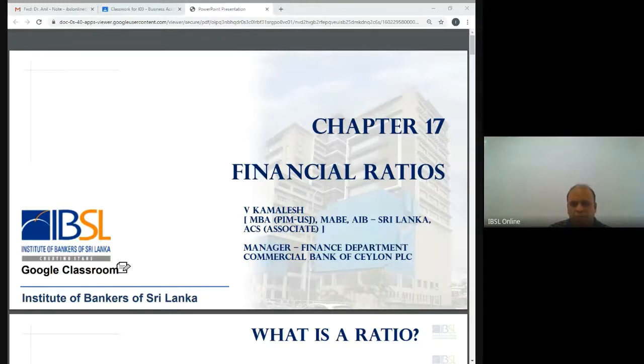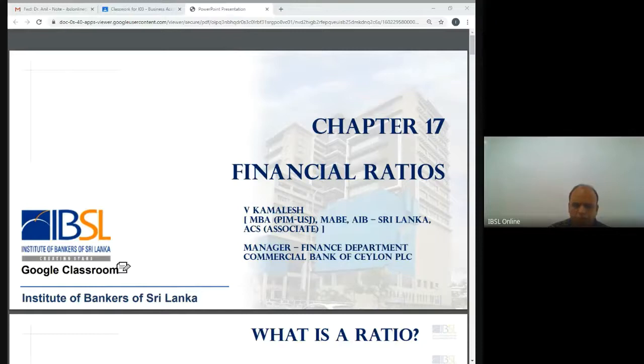By this time, I believe all of you have covered or revised everything we have done so far, and you have a fair knowledge about the double entries, journals, what a trial balance is, how to extract a trial balance, and based on the trial balance, how you prepare the different types of financial statements. Up to that, we have come through.